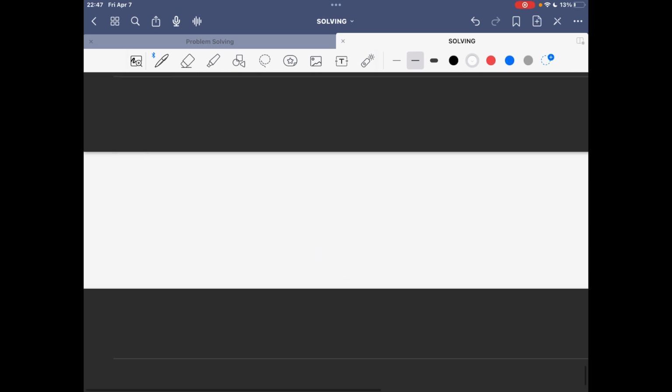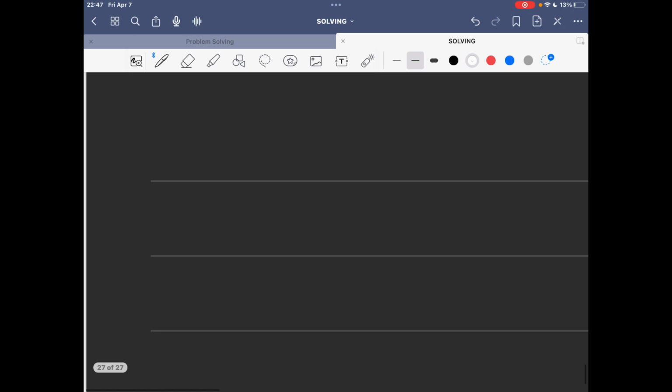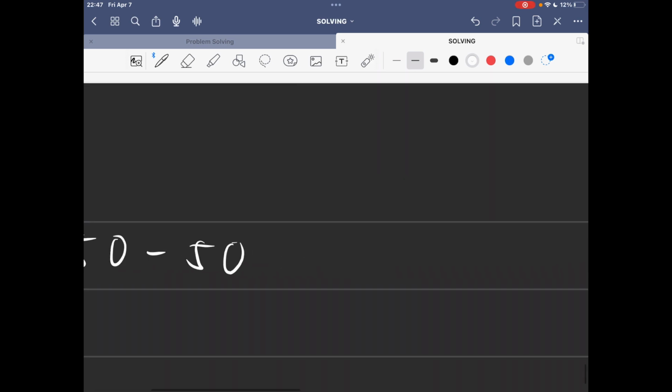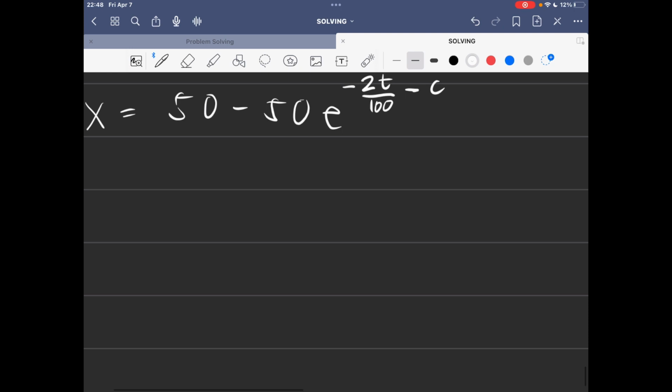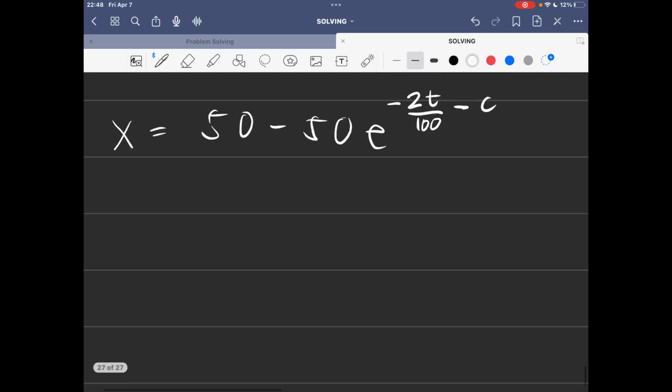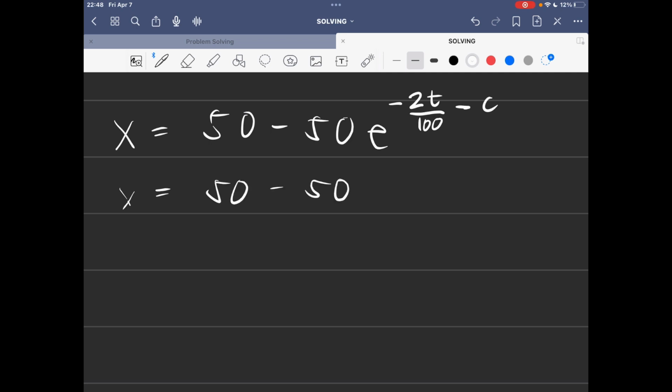Then simplify, we get x is equal to 50 minus 50 e raised to negative 2t over 100 minus c. So we'll get x is equal to 50 minus 50.